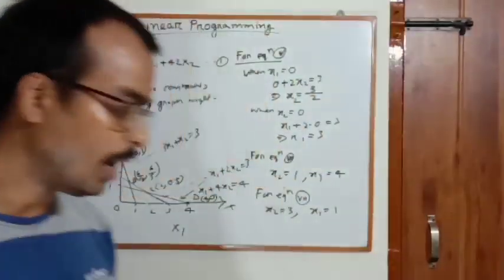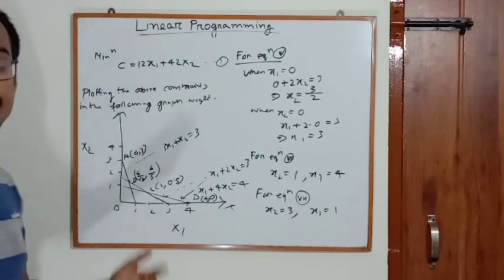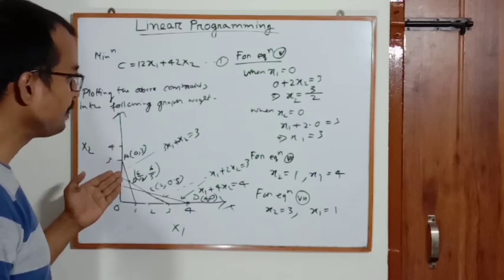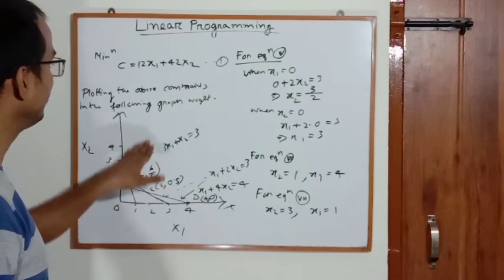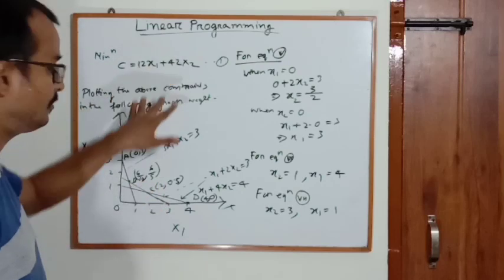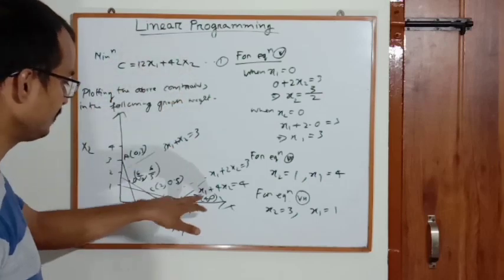One way of solution, which I explained in my last video, is that for A you put these values in this equation, for B you put the values in this equation, for C the same, and for D you put the values 4 and 0.